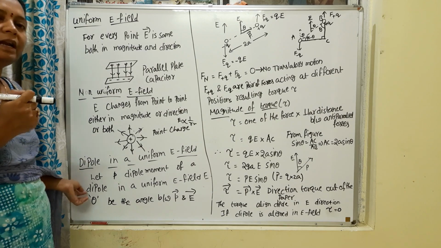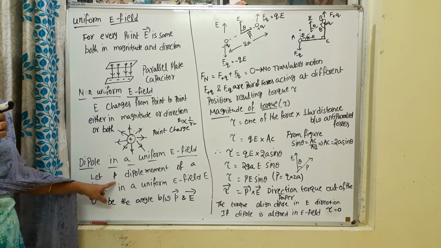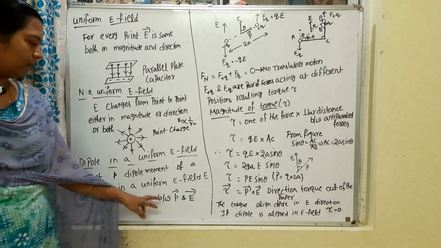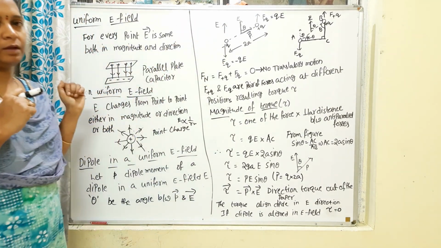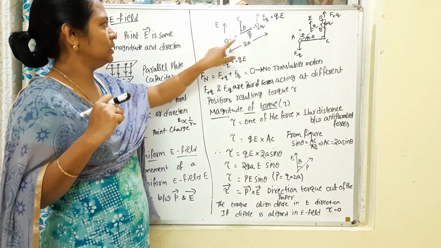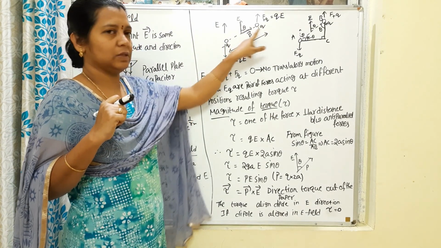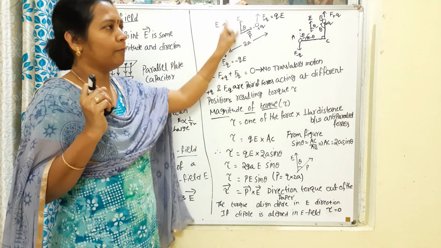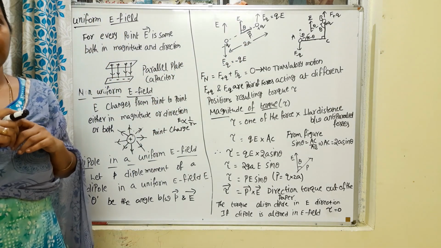Let P be the dipole moment, kept in a uniform electric field E pointing in the upward direction, and theta be the angle between P bar and E bar. So what is P bar? The direction from minus Q to plus Q is the direction of the dipole, and the electric field points upward. The angle between P and E is called theta.